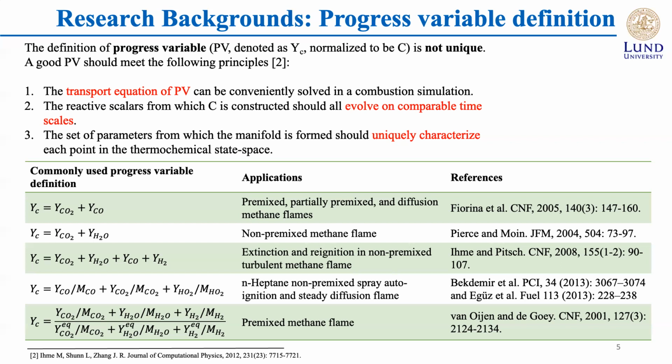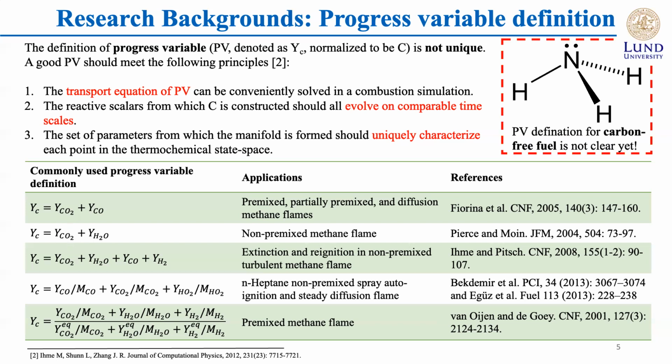From the literature review, we found that there are many progress variable definitions, which are sometimes ad hoc. Most of the progress variable definitions are based on hydrocarbon fuels and involve carbon dioxide and carbon monoxide, CO2 and CO. However, in terms of carbon-free fuel, the progress variable definition is not clear yet.